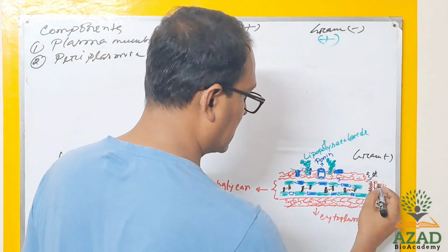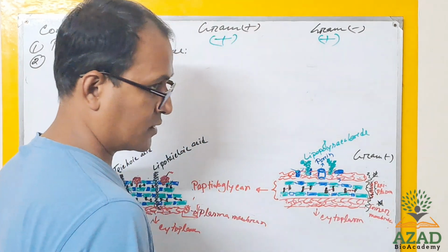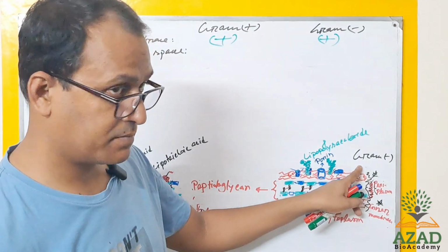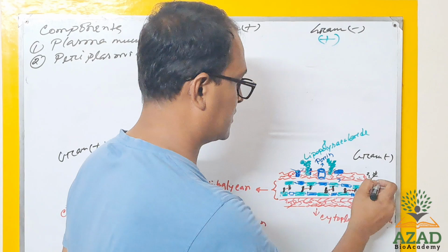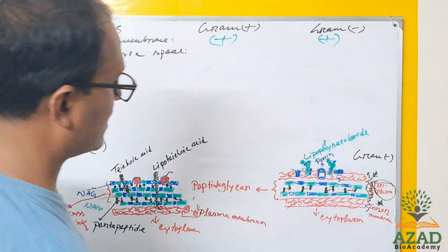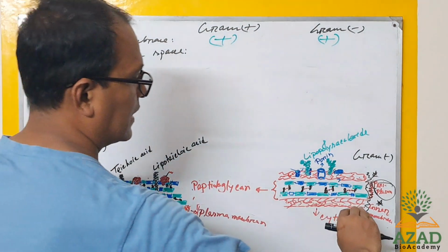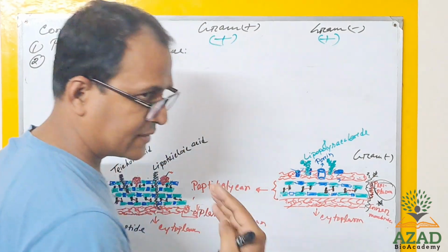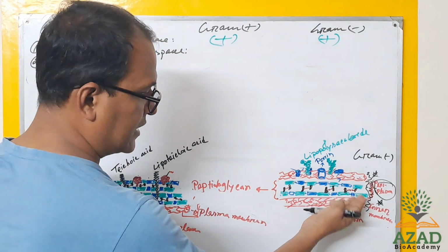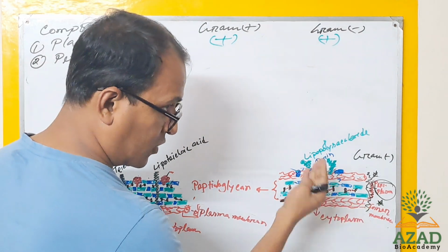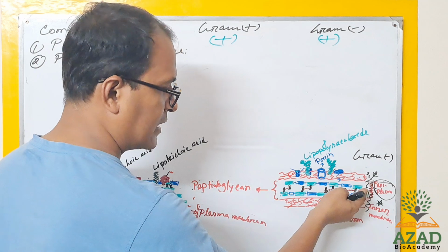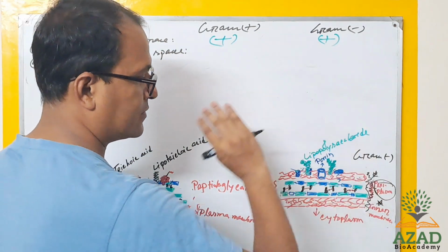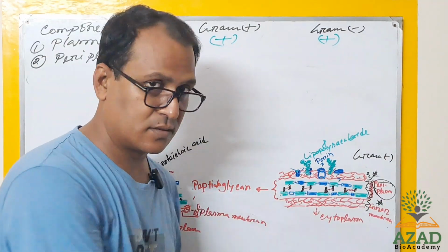The space between the inner and outer membrane is the periplasmic space. Periplasm means the space between the inner membrane and another layer if it is present in a cellular component.